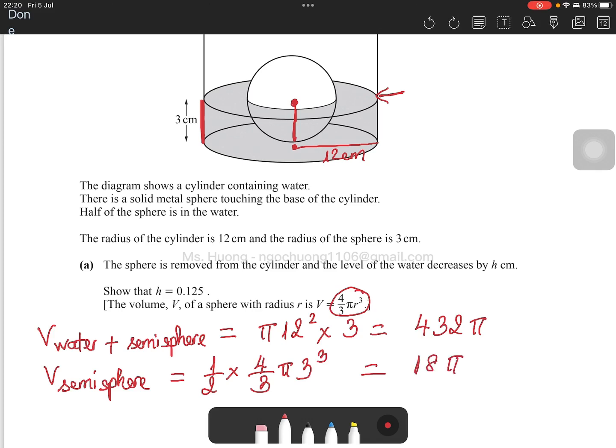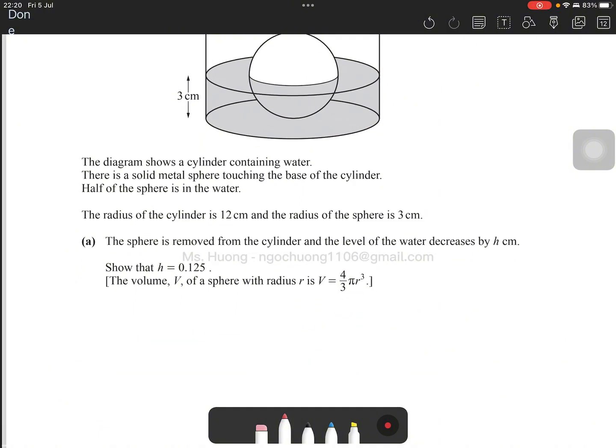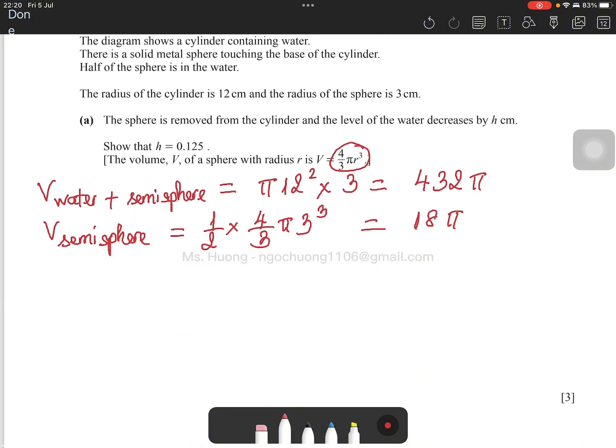So from these two, we can find the volume of the water in the cylinder by subtraction. The volume of water is equal to 432 pi minus 18 pi equals 414 pi.